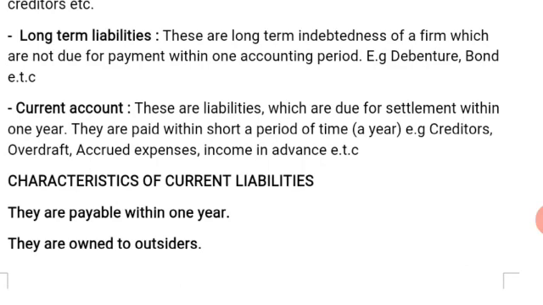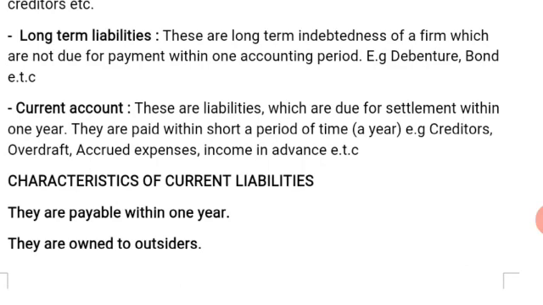Now, current liabilities. Current liabilities are liabilities which are due for settlement within 1 year. That is, they are due to be paid within one accounting period, usually a year.